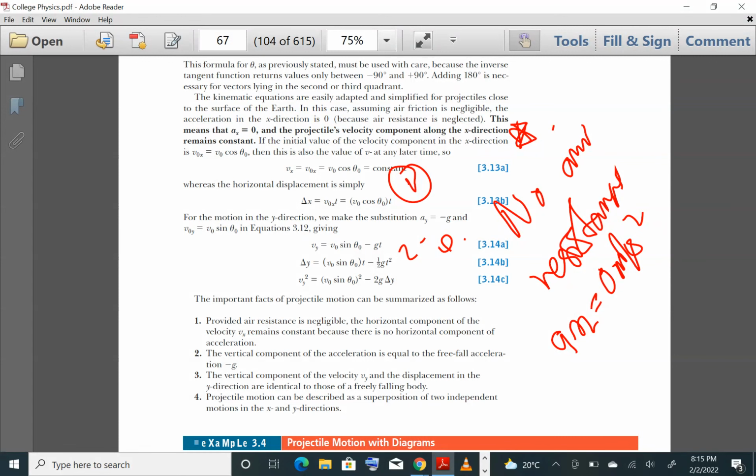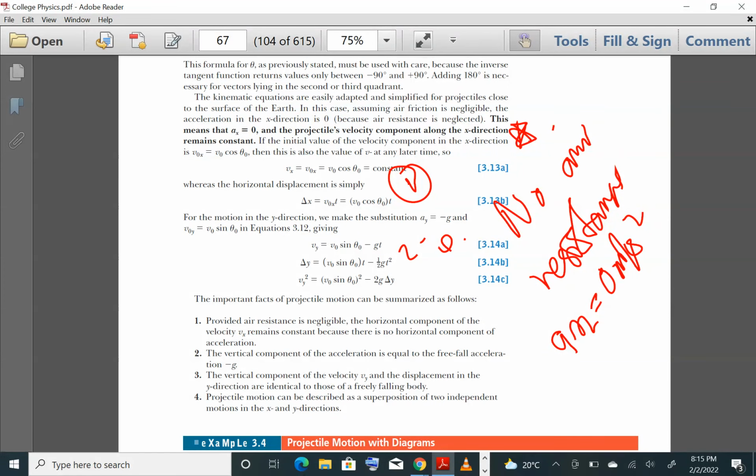So again, just trying to reiterate the fact that horizontal displacement is simply going to be, you see where there was initial velocity in the horizontal, in equation 3.13b, we've substituted for that constant velocity. Then we now go for the equations that we use in the y direction.